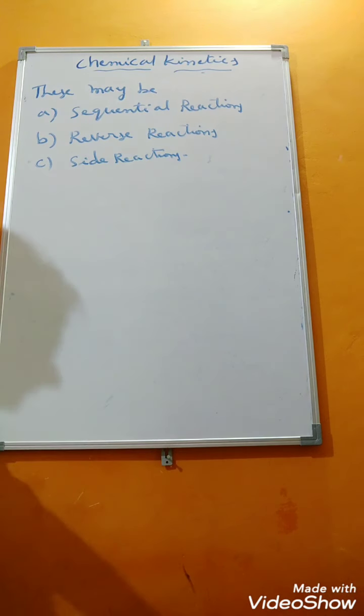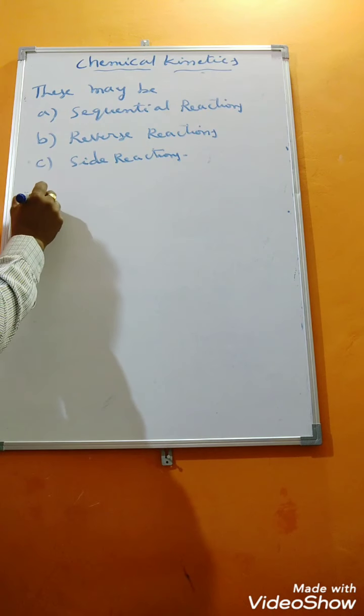After writing the rate expression, we can say the order of the reaction, how much it is. Right, students? Here we need to identify one thing in this order of the reaction.